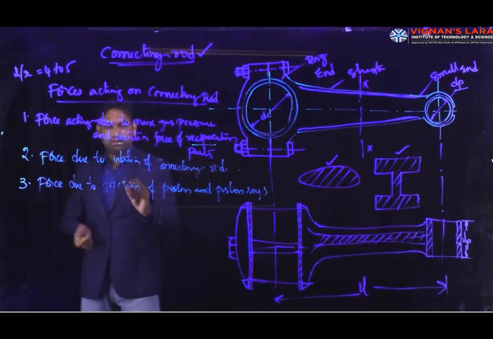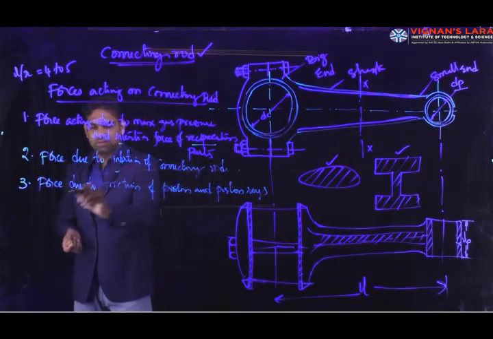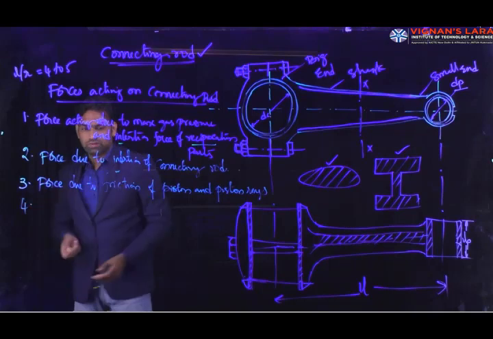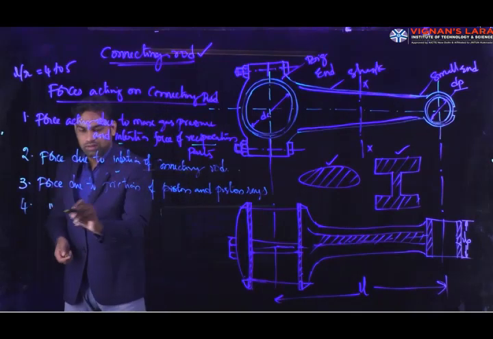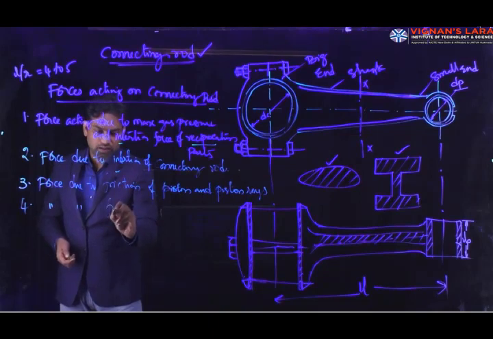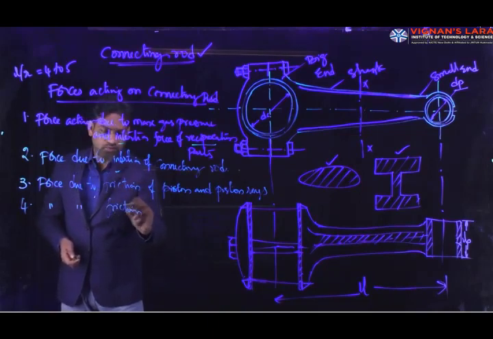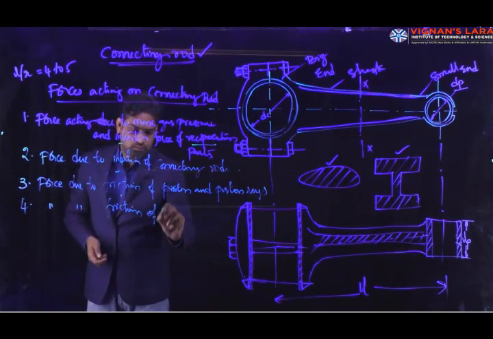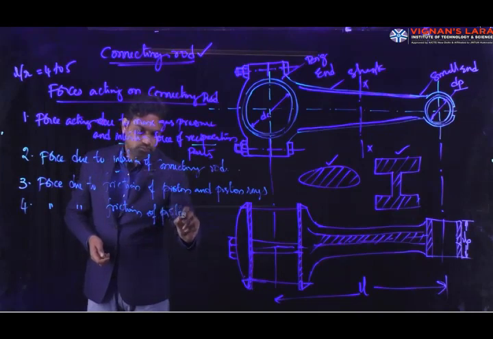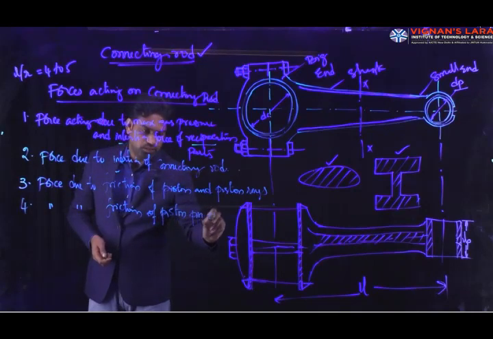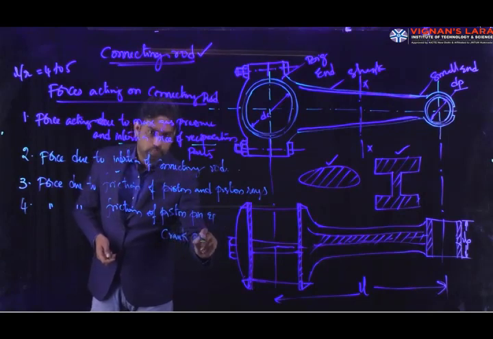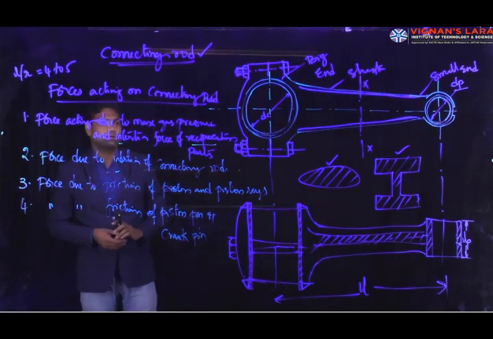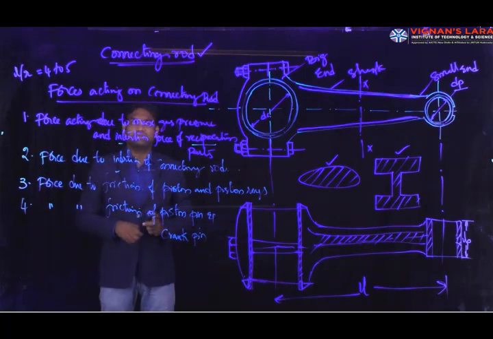Friction will be available between the two surfaces, so due to that, some force is acting. And the fourth one, again a force is going to act due to the friction of the piston pin and crank pin. Clear? So these are the four different forces acting on the connecting rod.